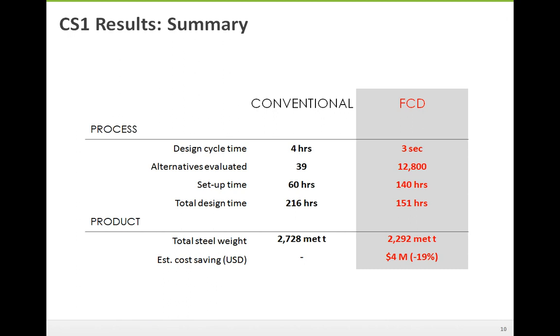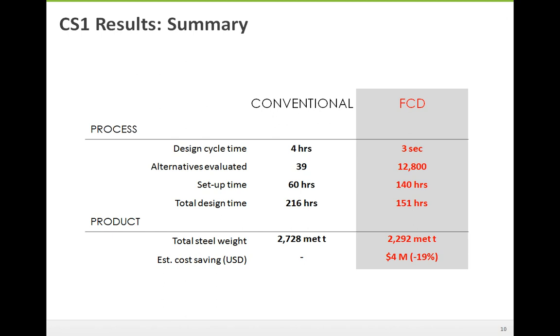So these are the results of that optimization process being applied. The left column is the conventional design process, and we kept track of process efficiency metrics, which deal with how long it took to analyze a given alternative, what the setup time was, so how long it took before the first alternative was analyzed, and then the total design time. What you notice in comparing these two techniques is that obviously the design cycle time is much lower in the computational optimization technique.